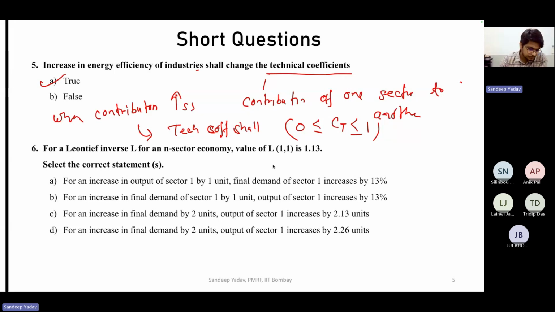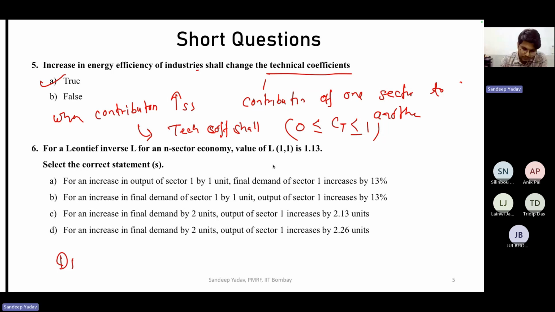So first we'll solve. A diagonal element in the Leontief inverse matrix is always greater than 1, and it indicates the change in the production of a sector per unit change in the final demand of the sector itself.